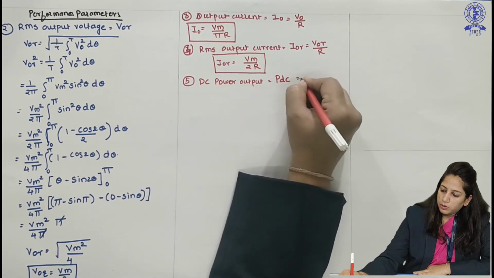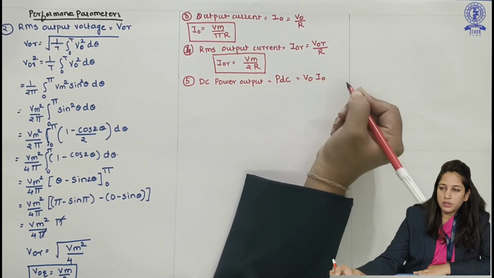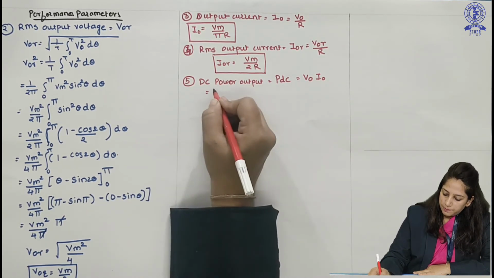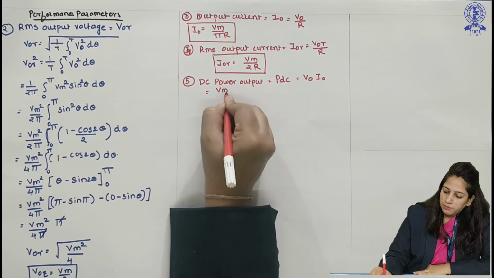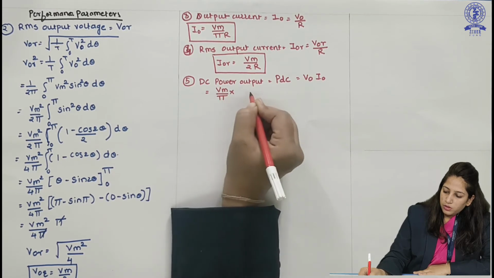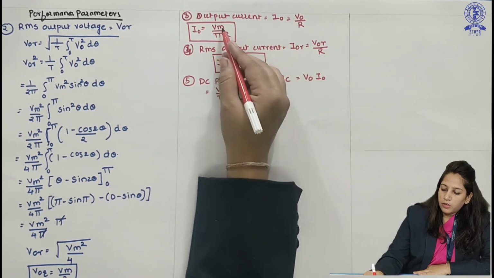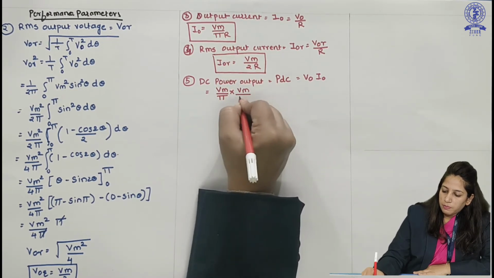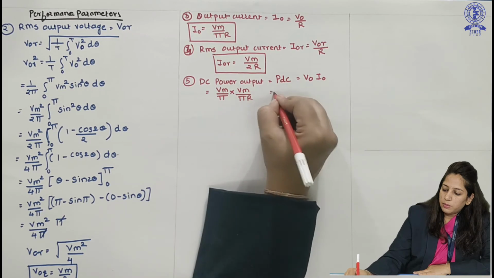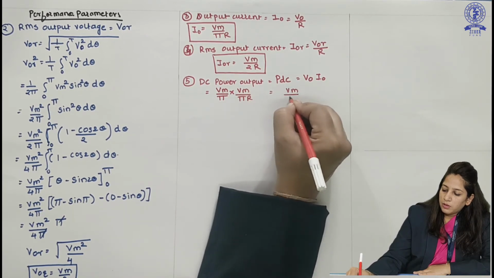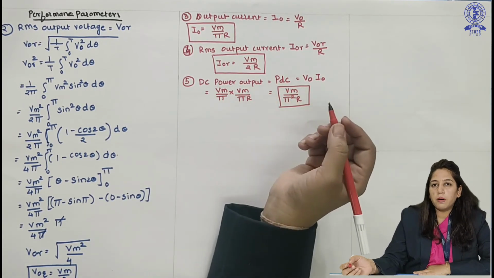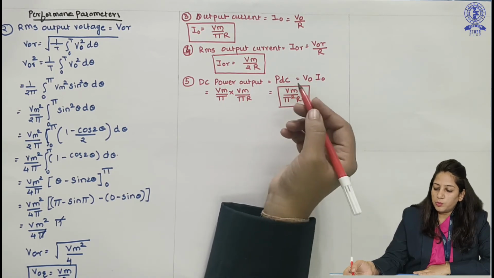Average output voltage we know very well is Vm by pi, and I0 is Vm upon pi R. So this will become Vm square upon pi square R. This is the DC output power.